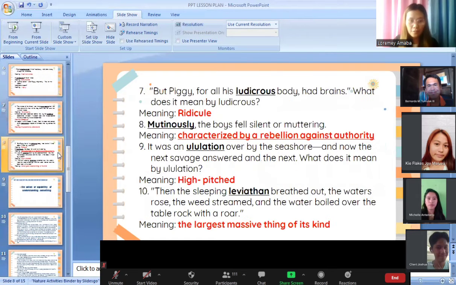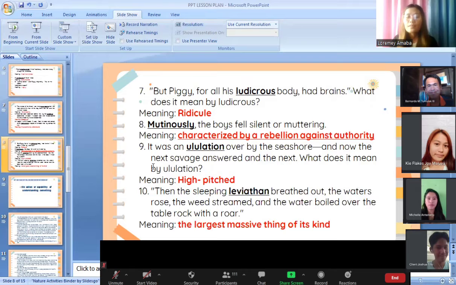Okay, number seven, ludicrous. When we say ludicrous, it is ridiculous. Number eight, mutinously. It means characterized by a rebellion against authority.